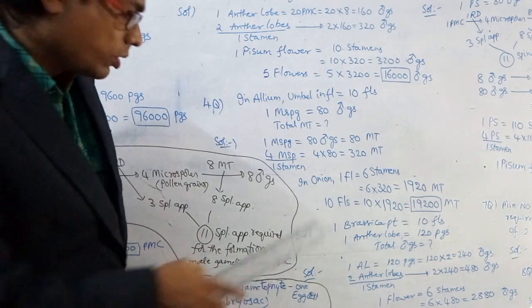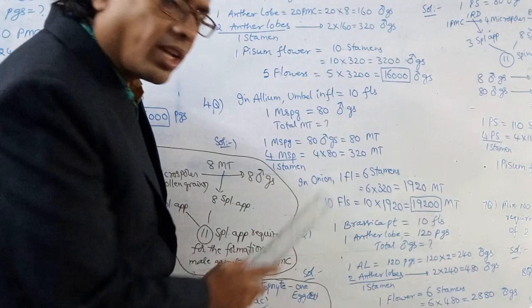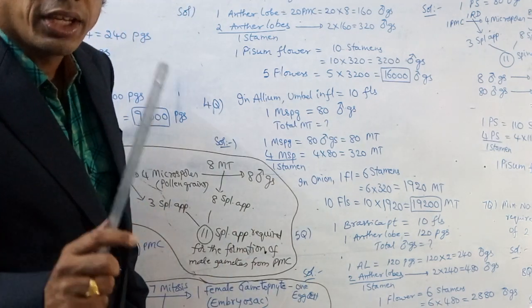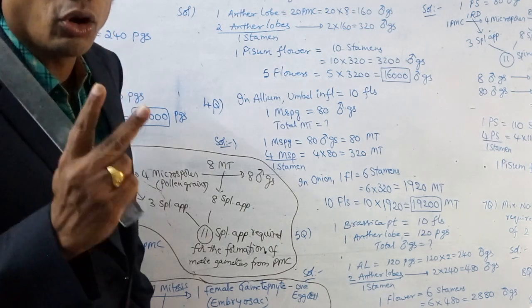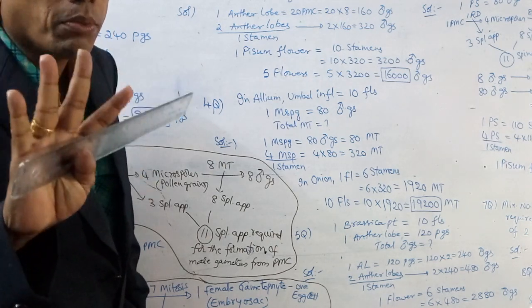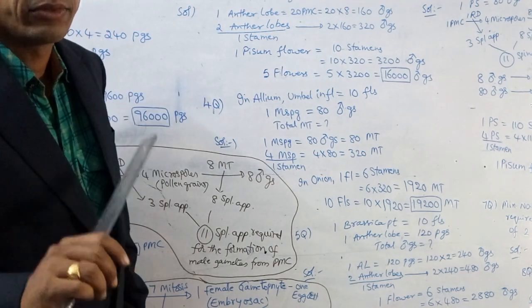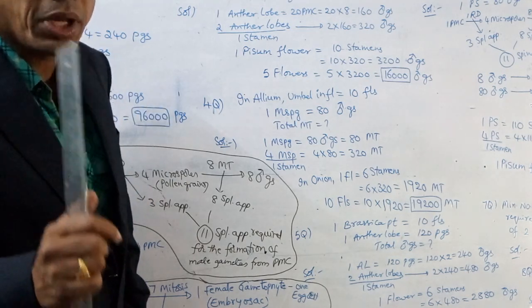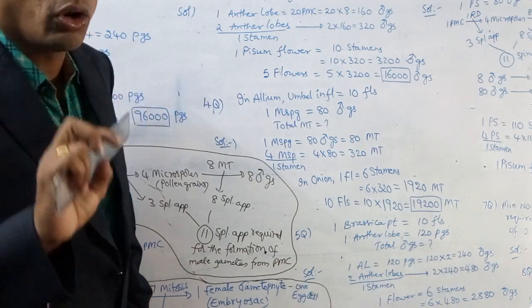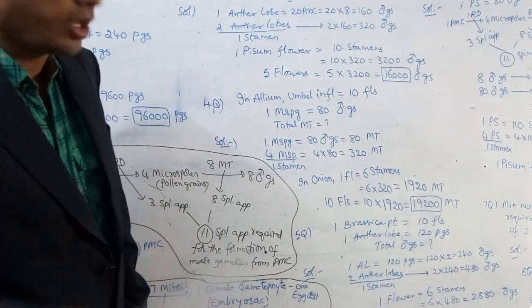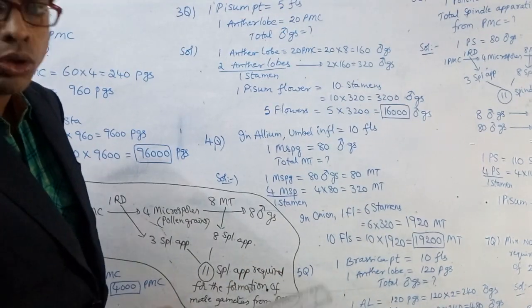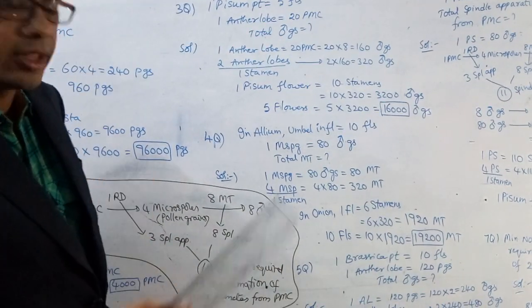Sorry, brassica is a dithecous stamen. Dithecous stamen means it contains 2 anther lobes and 4 microsporangia. Again I am repeating, dithecous stamen contains 2 anther lobes and 4 microsporangia. Here anther lobe is given, so we have to calculate 2 anther lobes for one stamen.